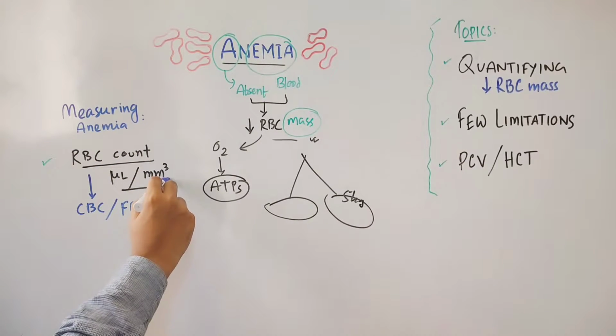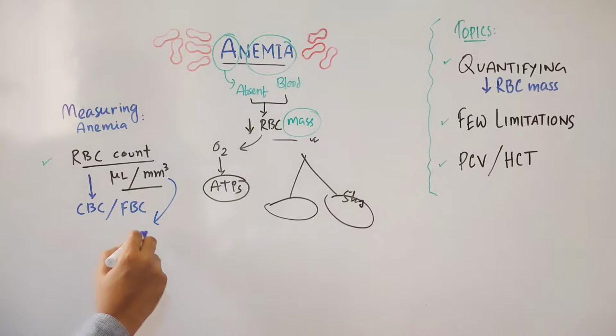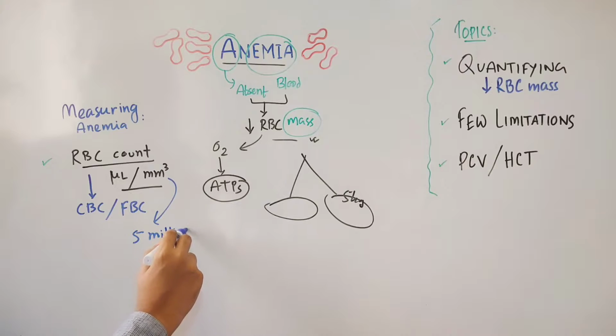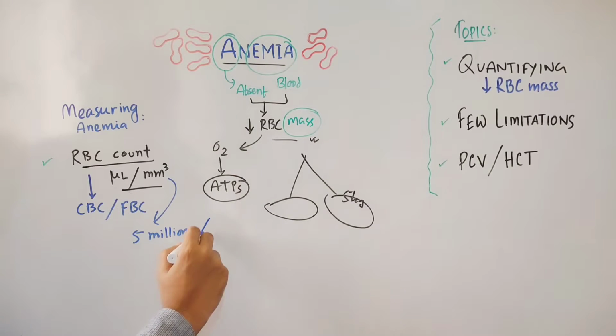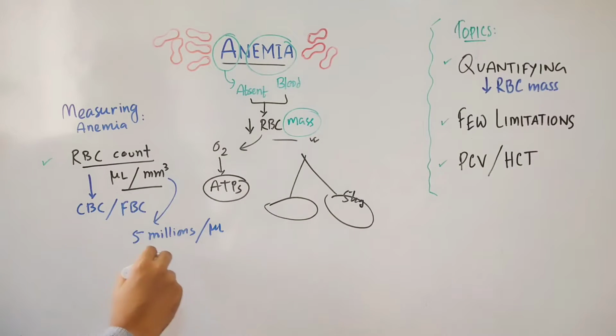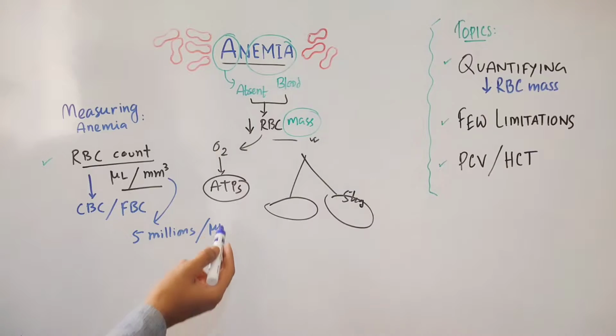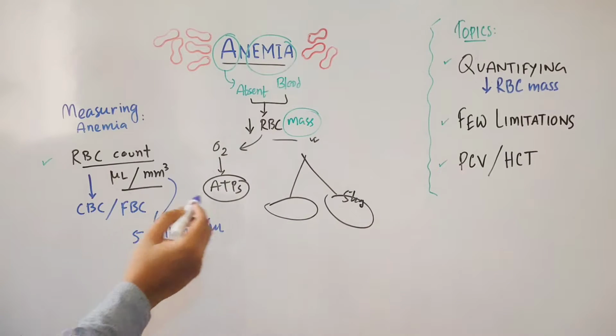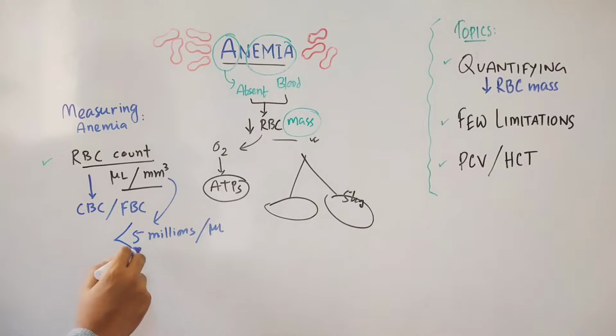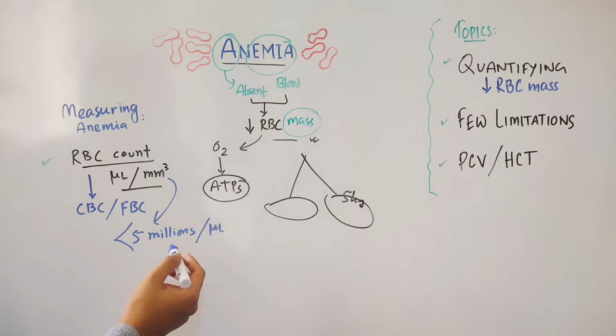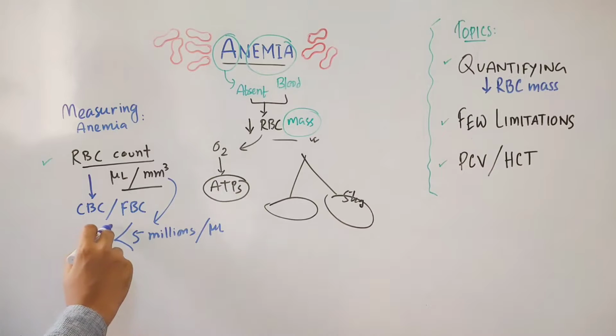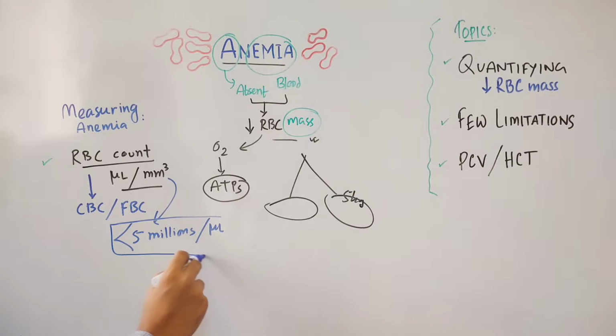So what's the normal RBC count? For the purpose of this video, let's keep it simple and say it's 5 million per microliter. It varies if the person is a male or a female, or an infant, but let's just say the average value is 5 million per microliter.